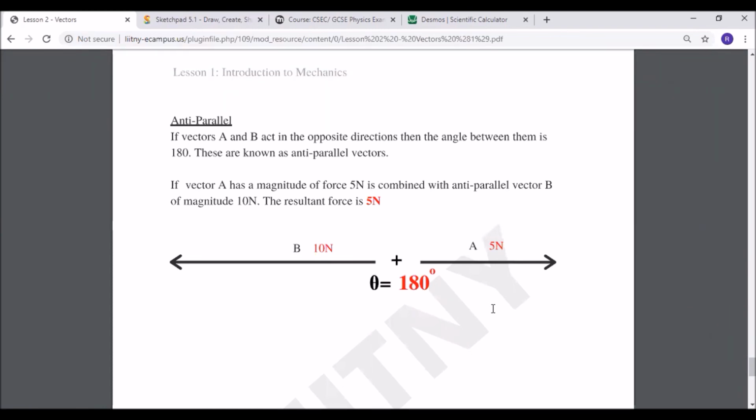So if we have 10 plus negative 5, it's basically 10 minus 5. So if we have 10 newtons here going in that direction plus 5 newtons going in the opposite direction, it's actually 10 minus 5. And so the resultant force would instead be 5 newtons instead of 15 newtons when dealing with anti-parallel vectors. And the angle would be 180 degrees, which is the angle of a straight line.